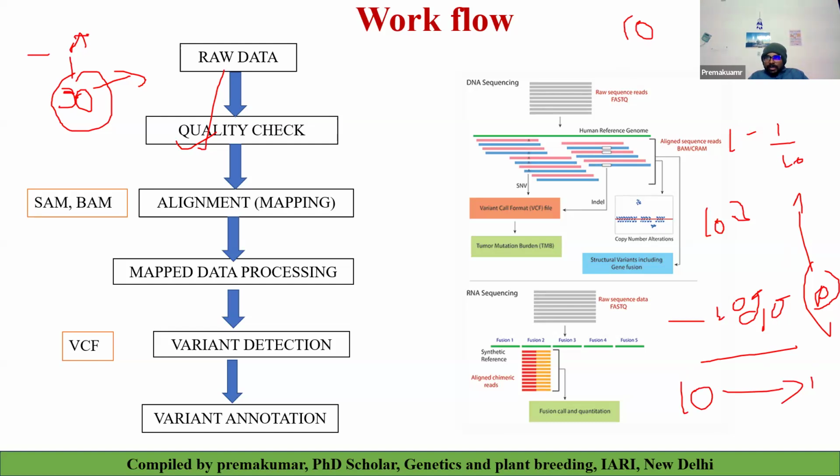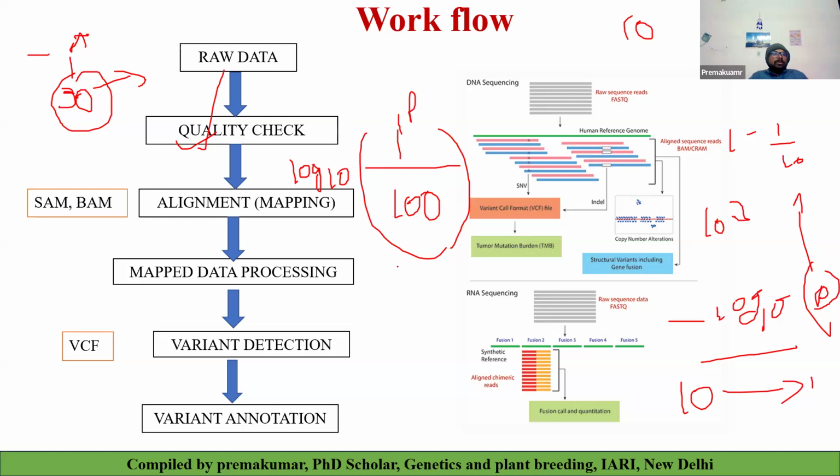For 100 base pairs, actually writing is very difficult. This is the p value, the probability of occurrence of error. If we substitute this value in this formula, you will get the Phred score value.